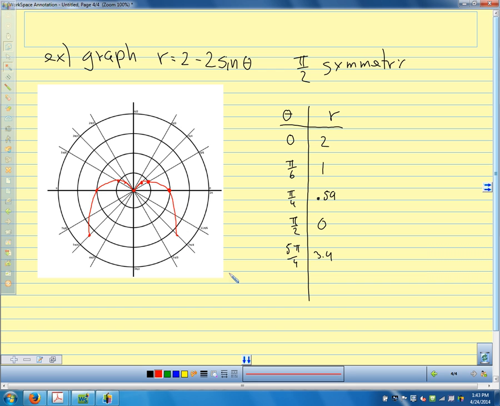And then at 4 pi over 3, I get a radius of 3.7. So here's 4 pi over 3. There's 1, 2, 3.7. So it'll be about here, and go to the same place over here. I know my graph isn't perfect on both sides, but it gives you the idea.